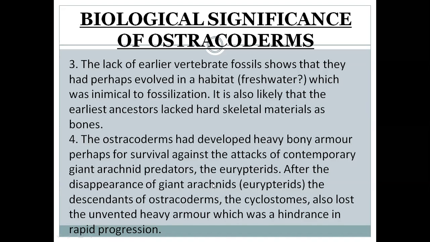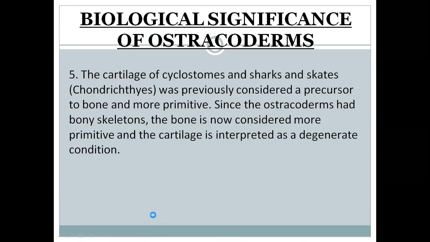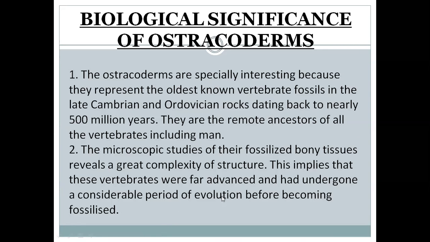After the disappearance of these giant arachnids, the descendants of ostracoderms, the cyclostomes, lost these heavy armors, which were a hindrance to rapid progression. Having heavy armor stops them from swimming rapidly and actively. That's why the successors lost these structures.